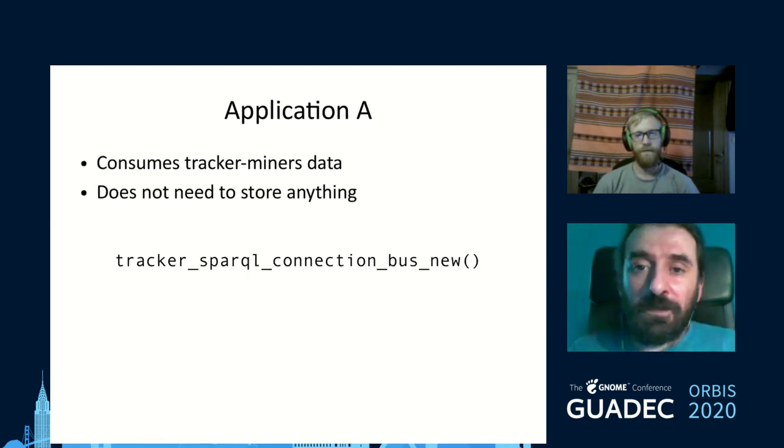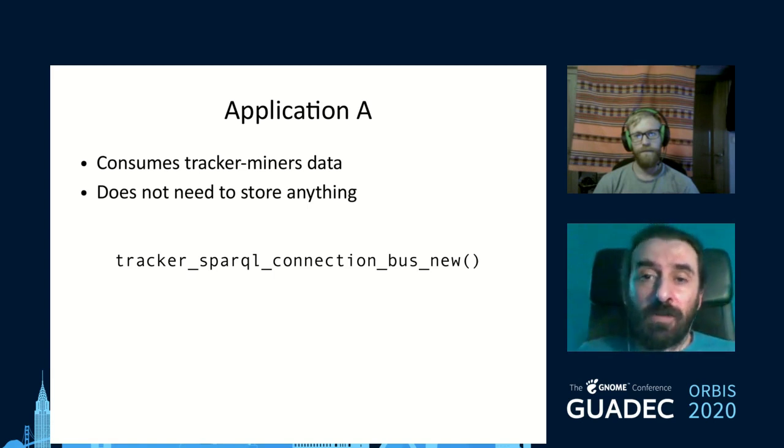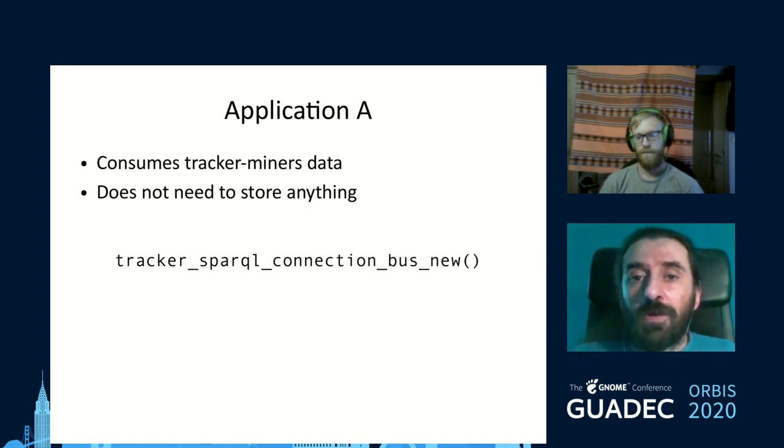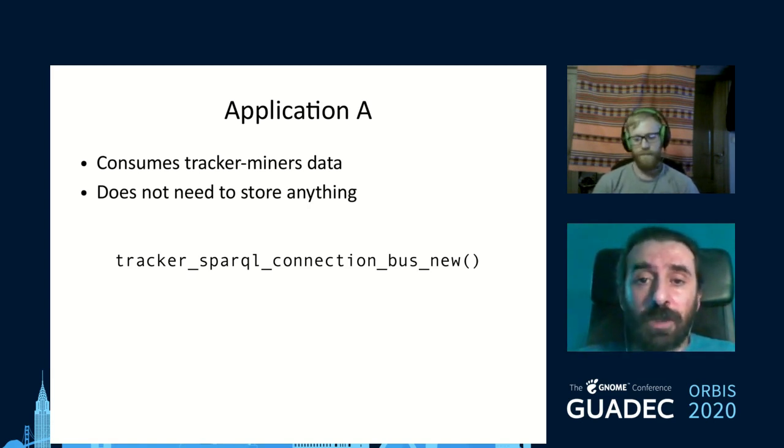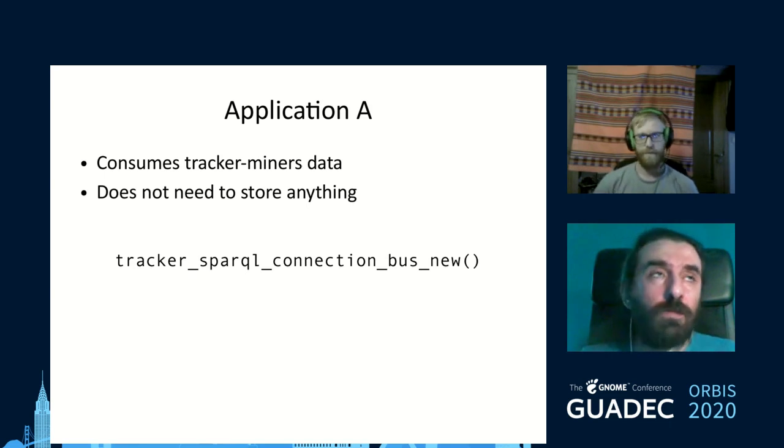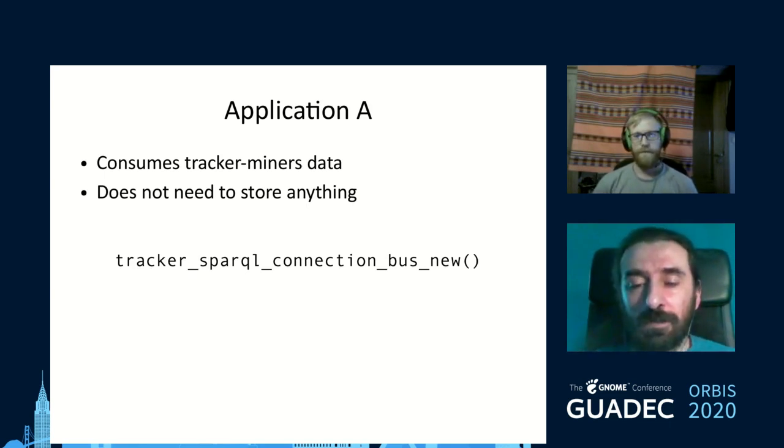And with these pieces, we have three model applications. We have, for example, application A, which would be the simplest one, consuming tracker miners data. They want to look for files. The GTK file chooser would be a proper example of this, because it only wants to read data, it doesn't want to change anything.